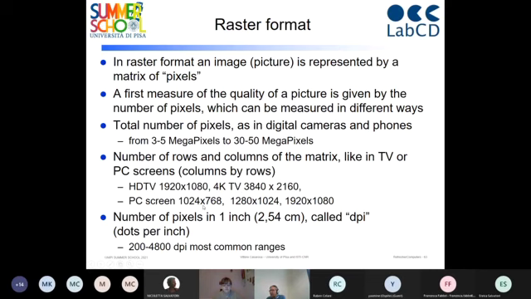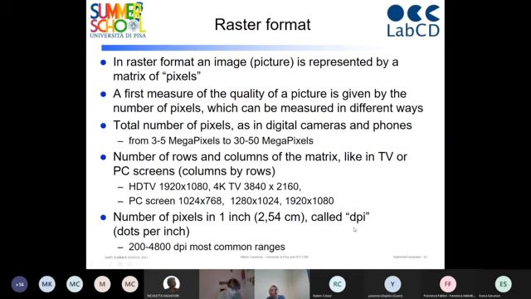And finally, the last way in which you measure the number of pixels is with this measure called the DPI, dots per inch, which means how many pixels are in an inch of image. And those are mostly used for the scanners or for printing machines.